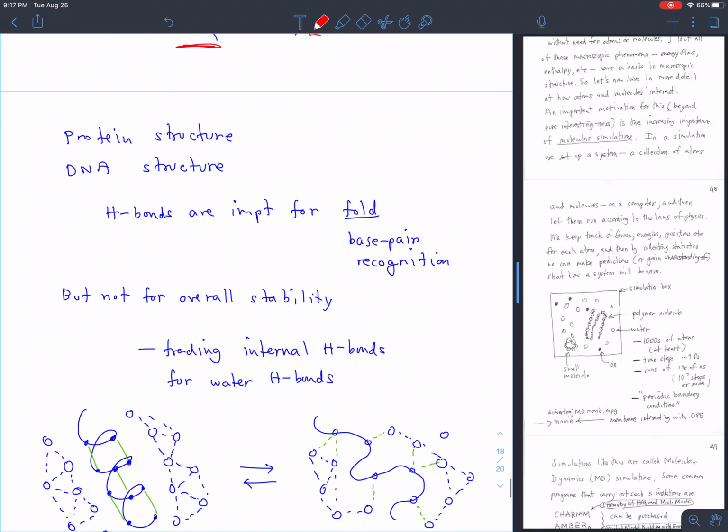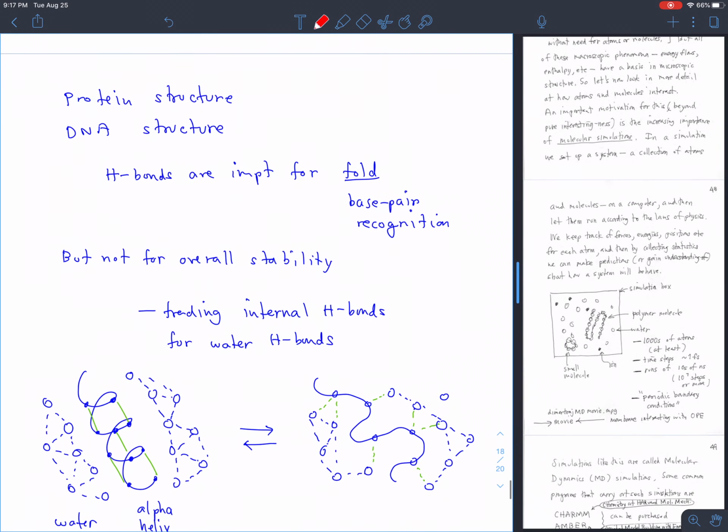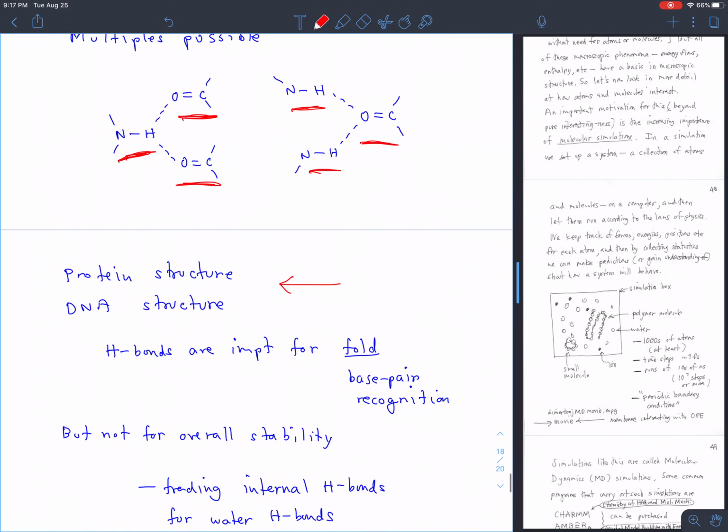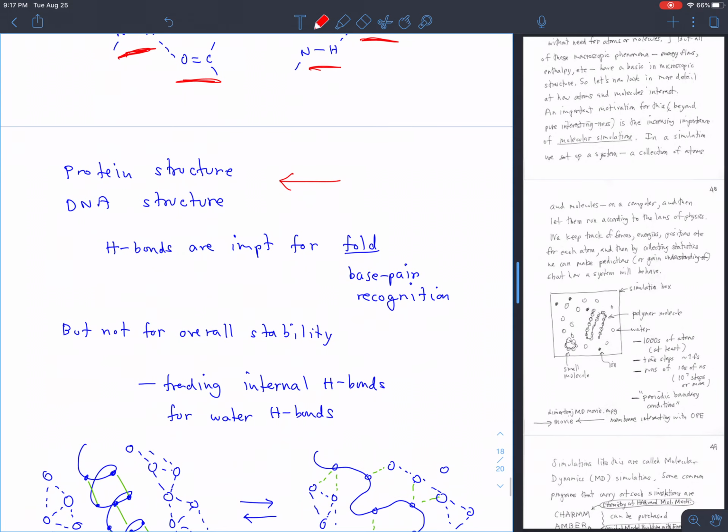All right, and that's nearly the end. I just wanted to make one more comment, which I think isn't really part of this class, but is important for understanding biophysical chemistry generally, and this is really kind of a biophysical chemistry class. In lots of lower division classes, there's a tendency to focus on hydrogen bonds, especially in protein and especially in DNA.